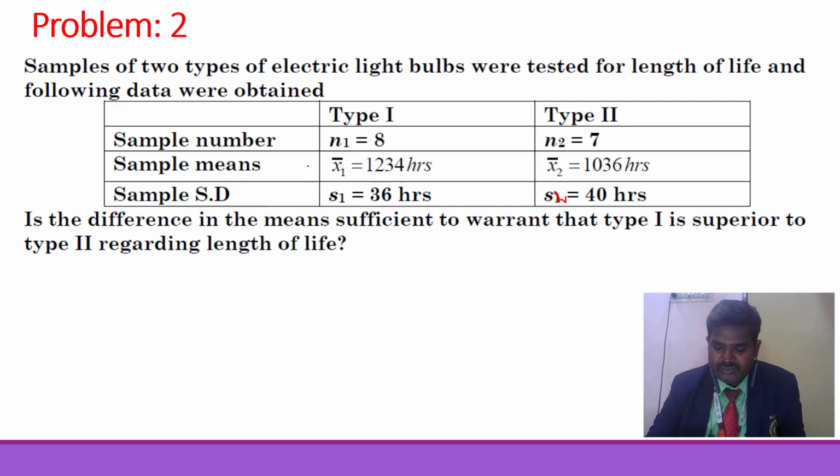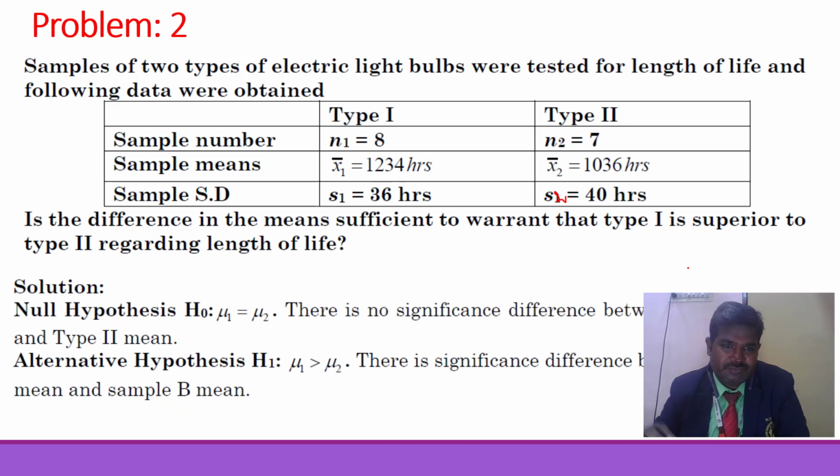In the average length of life we have to analyze those electric bulbs. Two sample data are given, so we need to check whether there is any significant difference between the two sample means. So we use the t-test. Now we fix the hypotheses, null hypothesis H0 and alternative hypothesis H1.